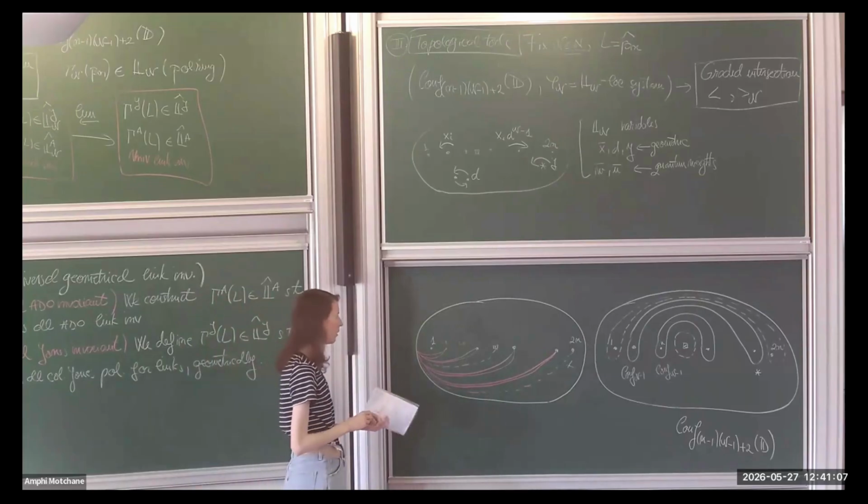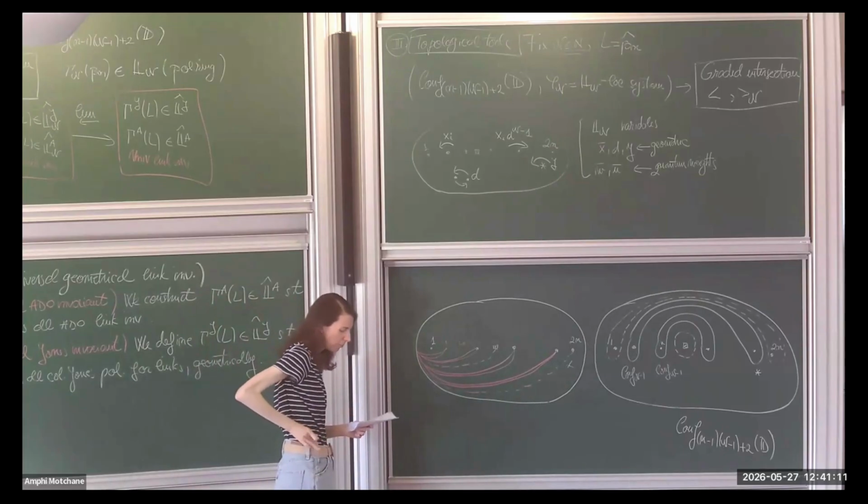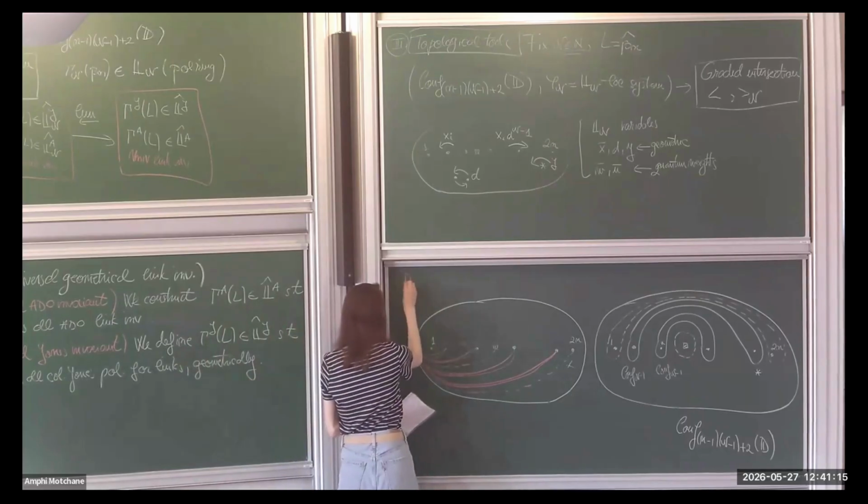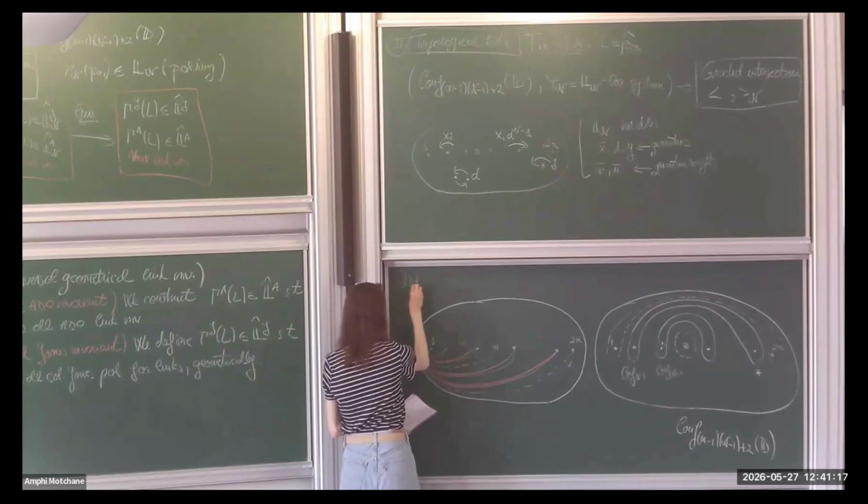Okay, so now I want to say what my graded intersection is, and for this I need Lagrangian submanifolds.